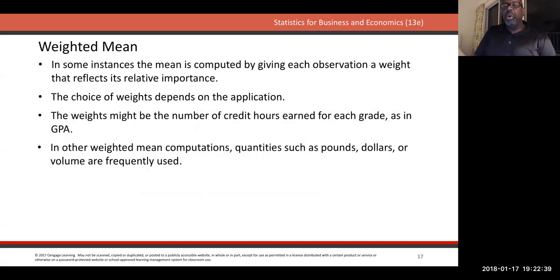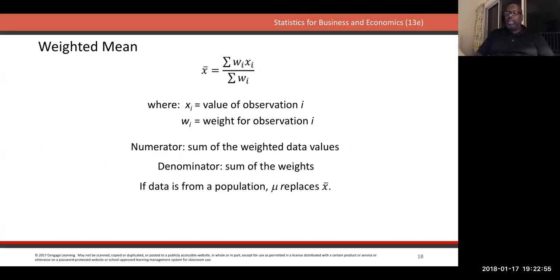In some cases, we do a weighted mean. Let me just give you a sense of that. Let's say we wanted to get the average of a class, and we had, for example, a breakdown of the number of students that got A's, the number of students that got B's, and the number that got C's.